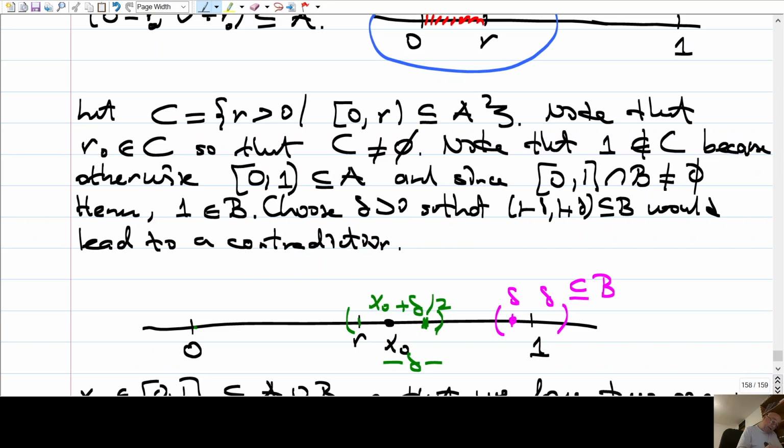Okay, in any case, so this means what? Hence one cannot be in C, and C is bounded.